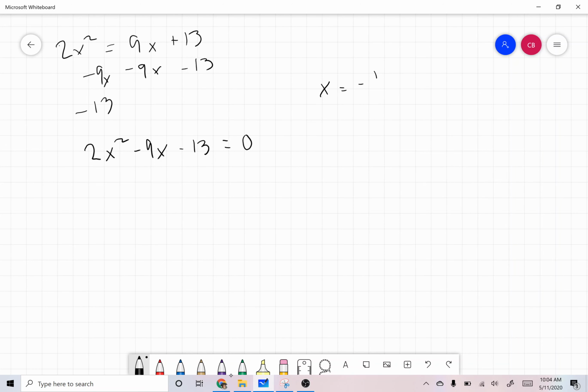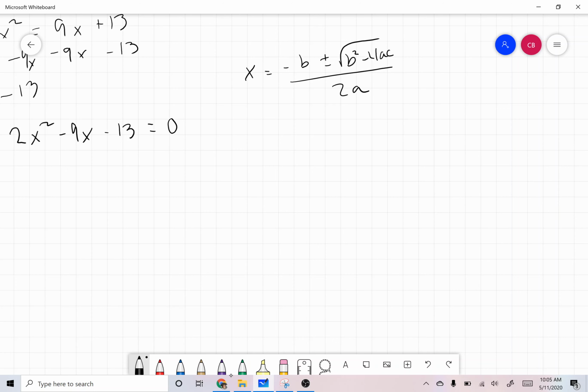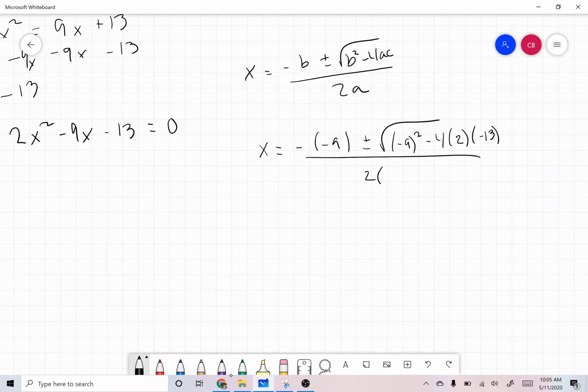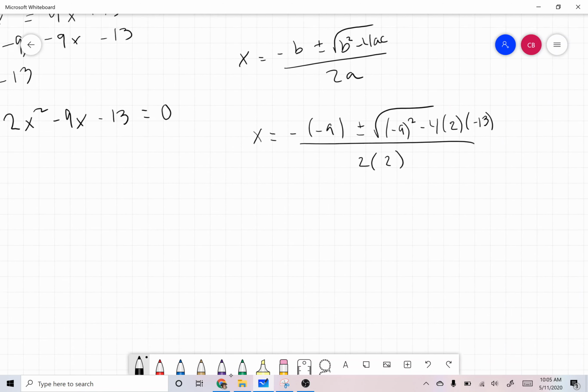X is equal to negative b plus or minus the square root of b squared minus 4ac all over 2a. So we plug them in. We have x is equal to negative negative 9 plus or minus the square root of negative 9 squared minus 4 times 2 times negative 13, all over 2 times 2.